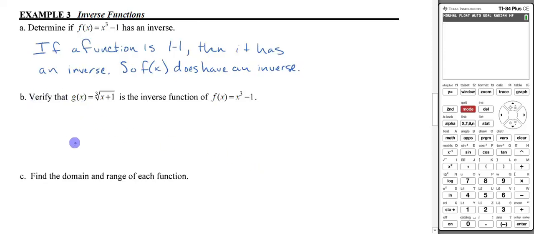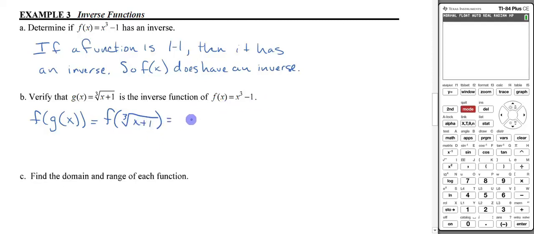All right, we're going to verify that g of x is the inverse function of f of x. To do that, we compose them of each other. So f of g of x is equal to, well, we'll do the outside function first, f of, and then inside we have the cube root of x plus 1.